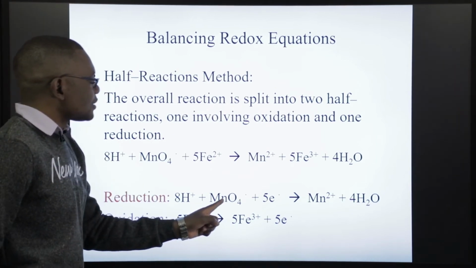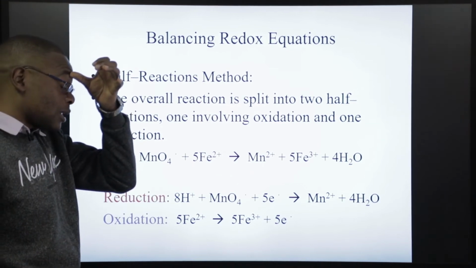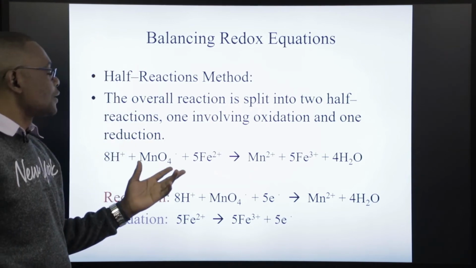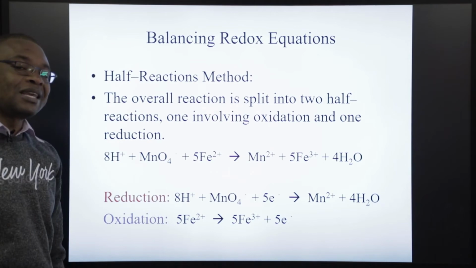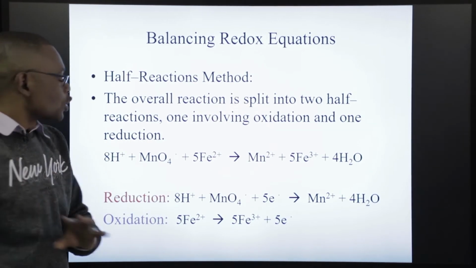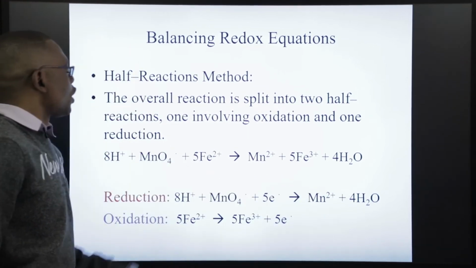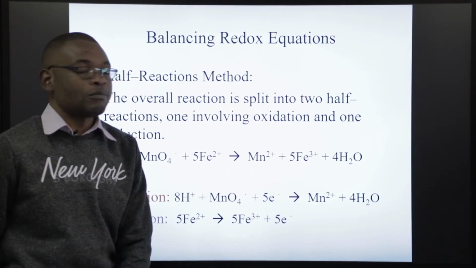And when it does that, the manganese is not going to remain as a freestanding species with a very high charge of 7+. It is facilitated by the coming in of 5 foreign electrons.